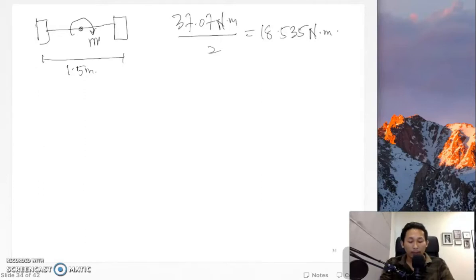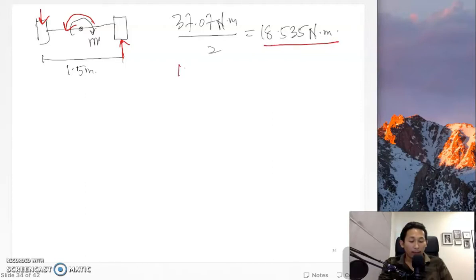So this is the reaction of the gyroscopic couple for the front.